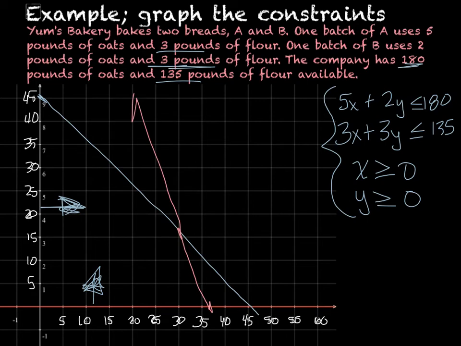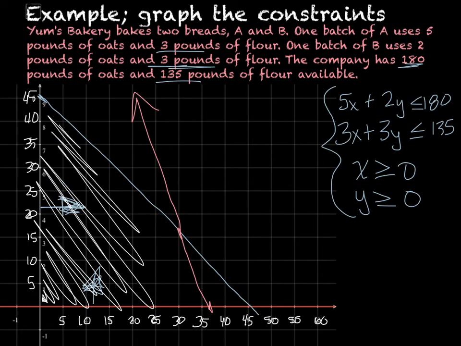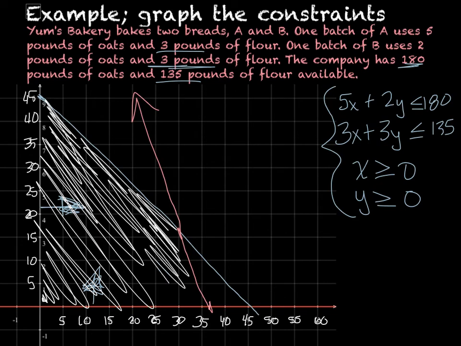There we go, something like that. So if you actually take the time to graph it nicely and everything, then that should be what you get. And then if you shade it in, it should be the intersection right in here. So double check to make sure that you got the same graph as me. But that should be your final answer.